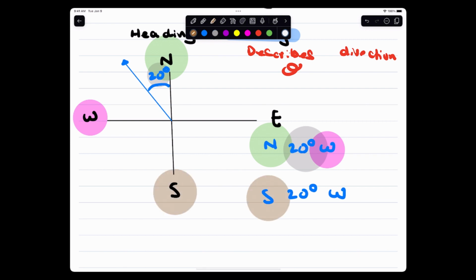So you start south, and then 20 degrees in what direction? West. So they're saying this. You're moving in this direction here. Start south, okay? You're going southwest. You guys see what I'm saying? Southwest here. But where do they put the angle? The angle is here.